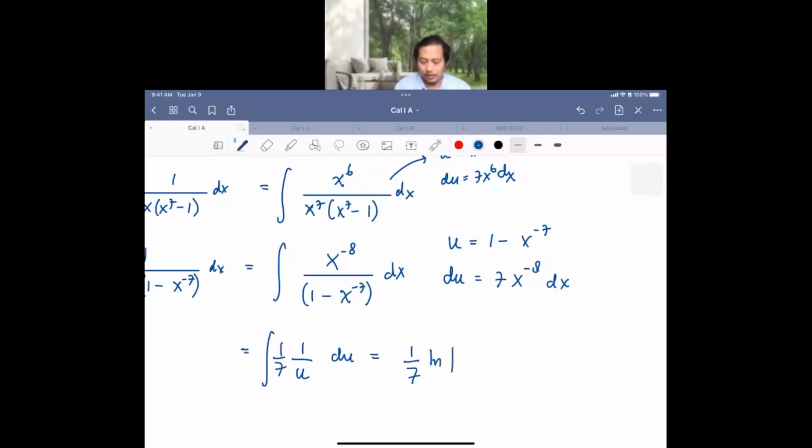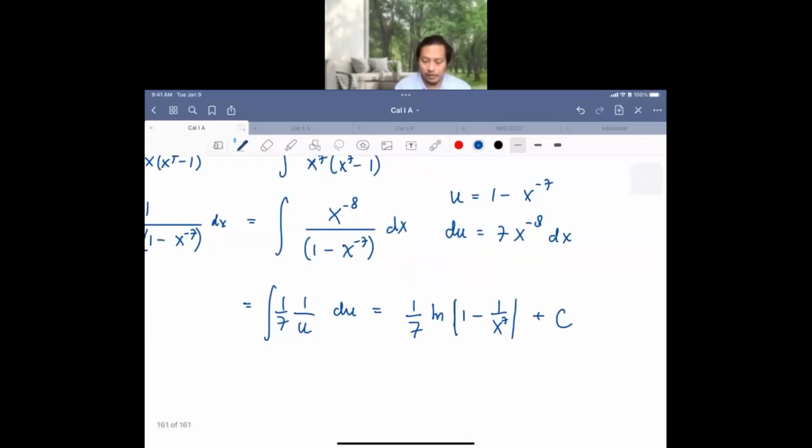U is 1 minus 1 over x with power of 7 plus c. You can stop here, or if you would like to maybe simplify it, we could simplify it and becomes like that.